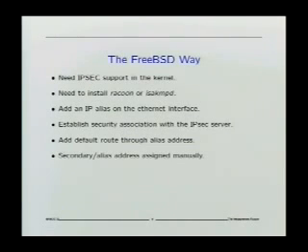So FreeBSD is similar because you also need to change the routing table. You need to manually add the alias. You also probably need to add IPsec support to your kernel if you haven't done that already, and need to install the IPsec port.